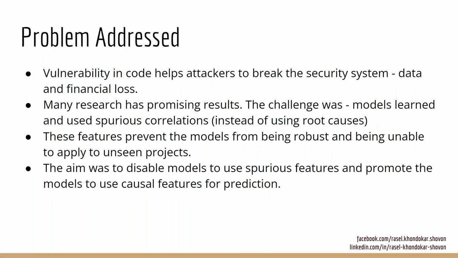So let's talk about what problem the author addressed. Vulnerability in code helps attackers break the security of a system. As a result, data and financial loss may happen, and it can be a dangerous situation.